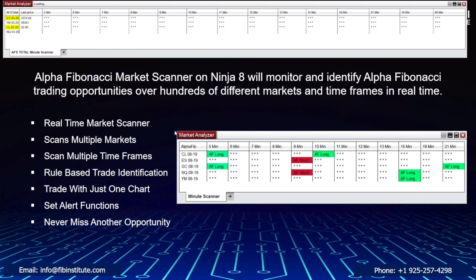All you need to do, run scanner in front of you with a chart book that's available with NinjaTrader 8. And if you decide to remove the instrument, it's not a problem. Right click and remove. So when the alerts start popping up on your scanner, you are not surprised, correct? It's absolutely expected.